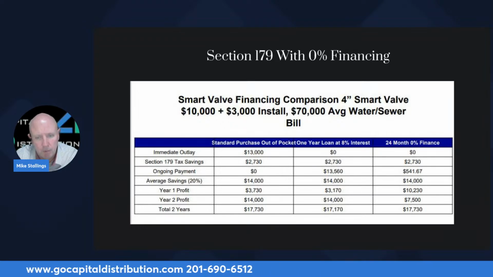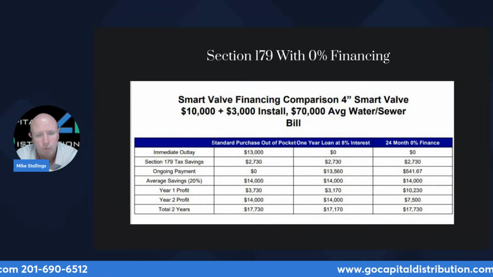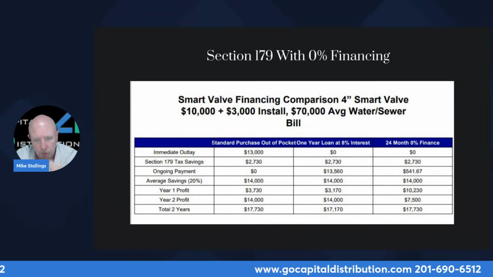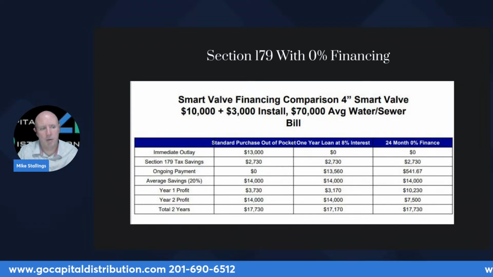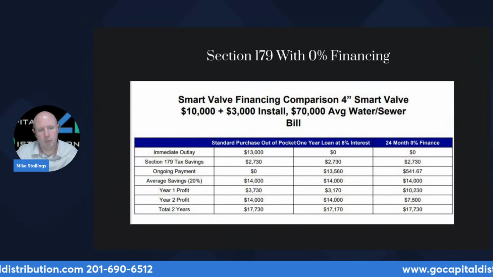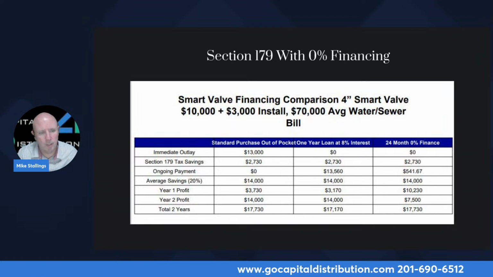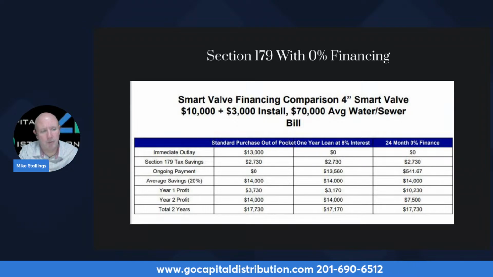Your monthly payment would be $541 a month if we took $13,000 and spread it out over 24 months. You're still going to save $14,000 the first year. So not only do you not put any money out and get that flexibility of spreading it out, but your profit is almost 3 times as much year 1 as opposed to if you just paid out of pocket.